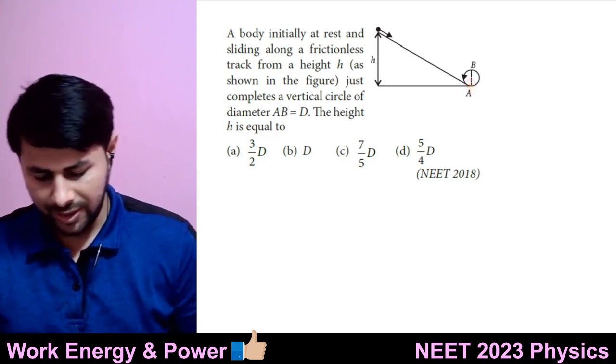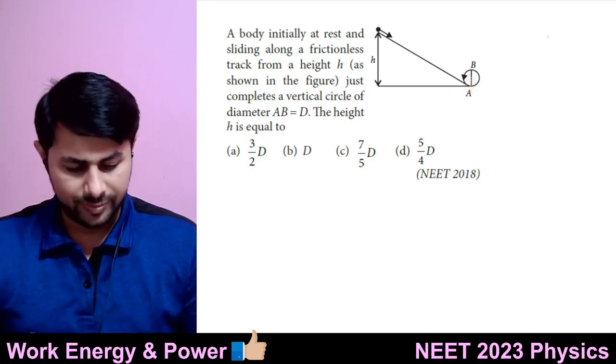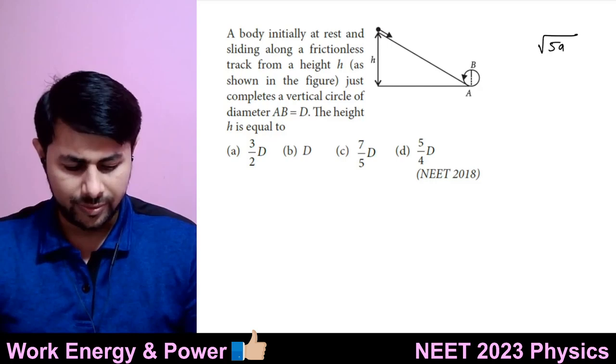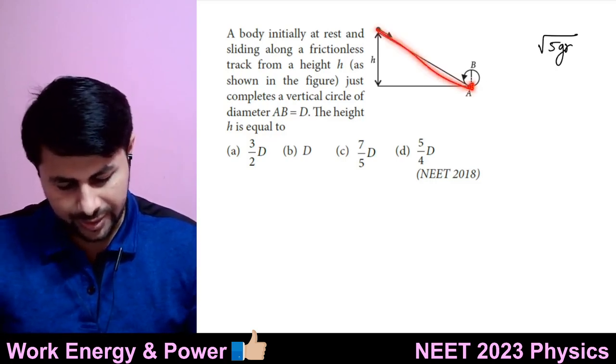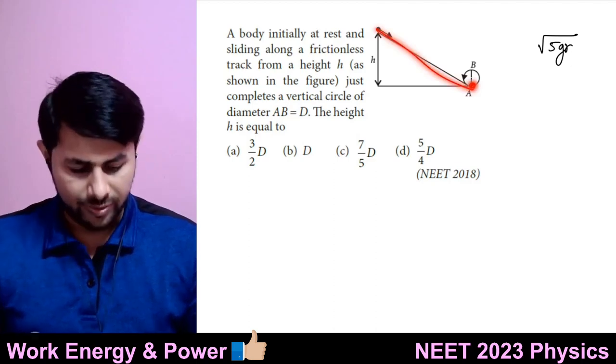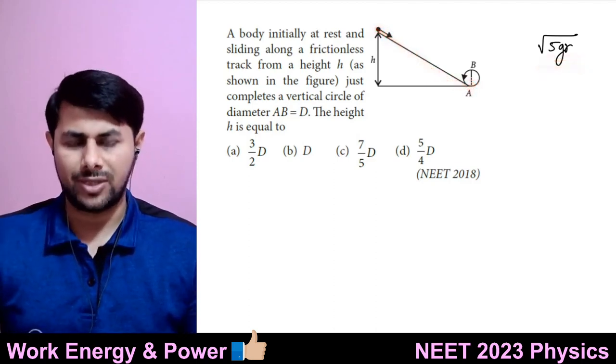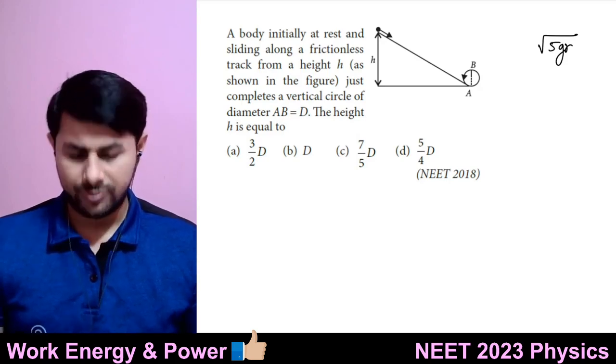So how much is the minimum velocity at bottom? Square root of 5gr. So it must enter this bottom point with the velocity square root of 5gr, right?